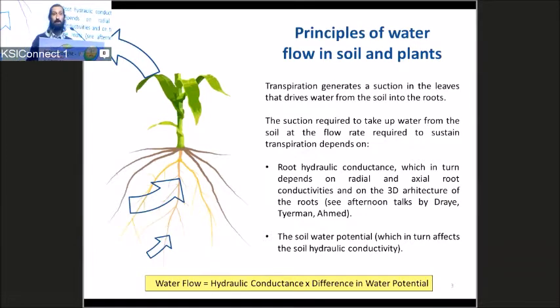And this we will see later in the talks by Treyer, by Tyerman, and Ahmed later on in the day. This is the first thing, the plants. And the second is how water is moved from the soil, so mainly the soil water potential.